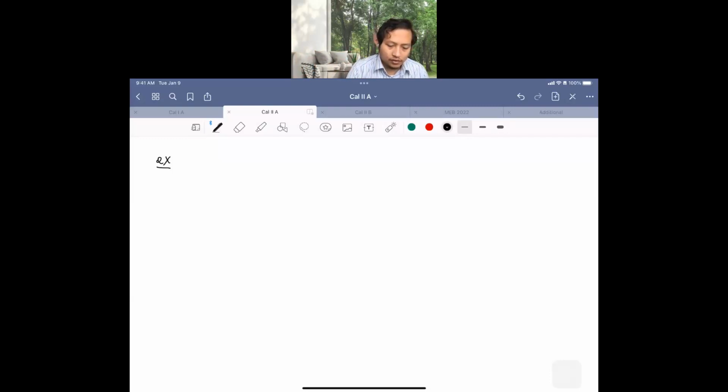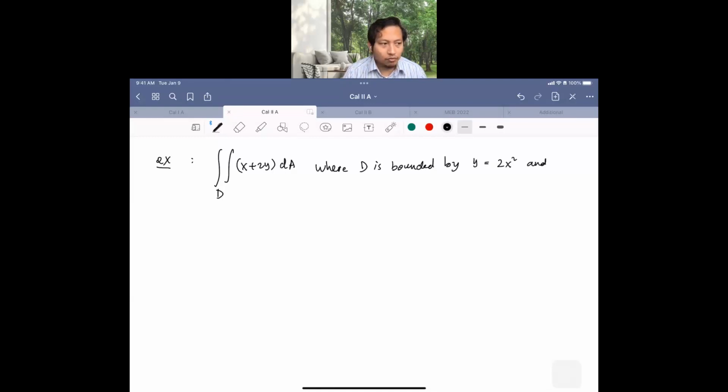Okay, evaluate this integral where D is bounded by y equal to x squared and y equal to 1 plus x squared.